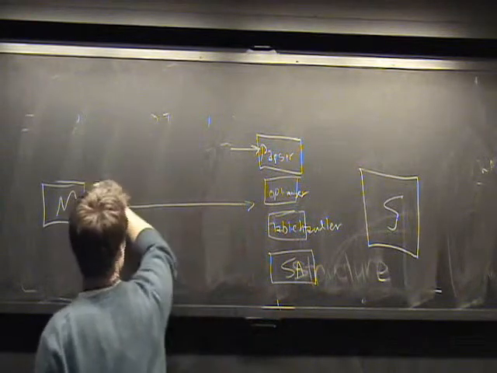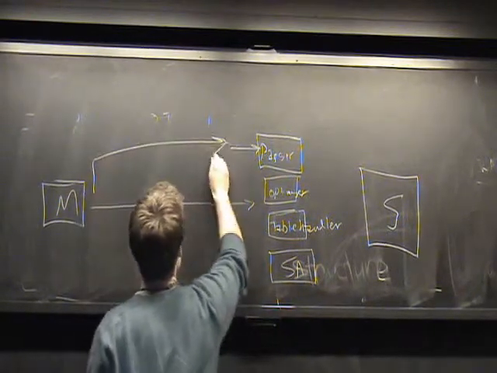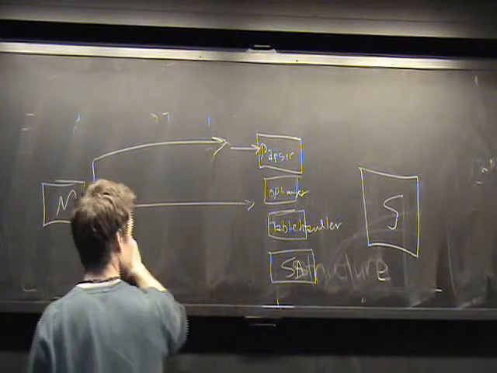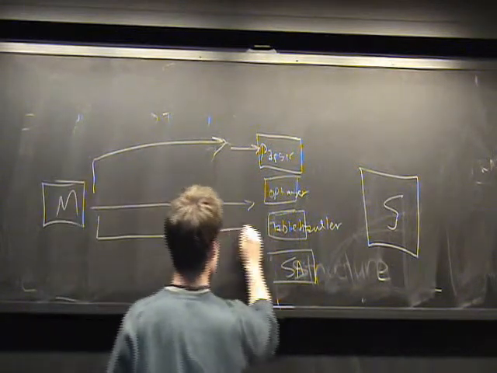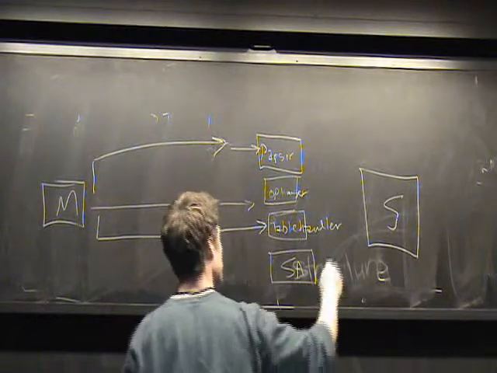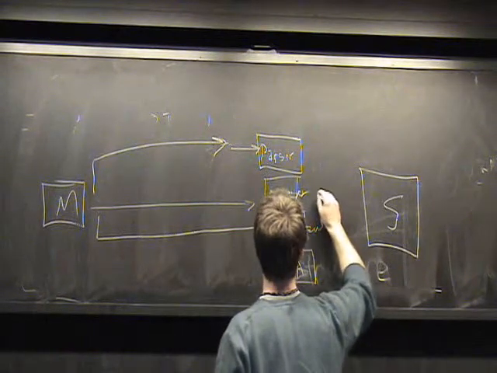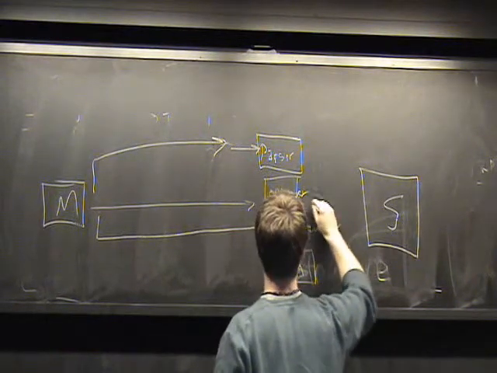With statement-based, it goes through the parser. With row-based, it goes right through here, to the table handler. There are the two paths for it. There are 3 main methods inside of the table handler.